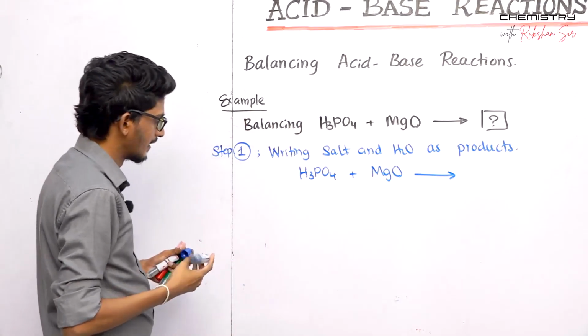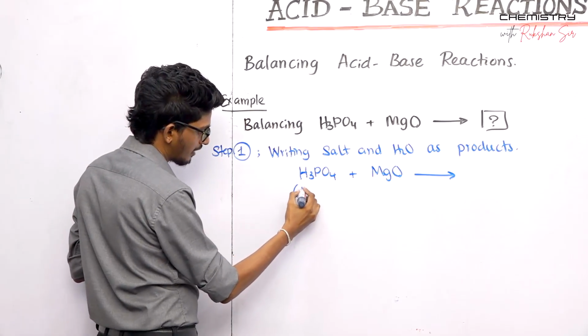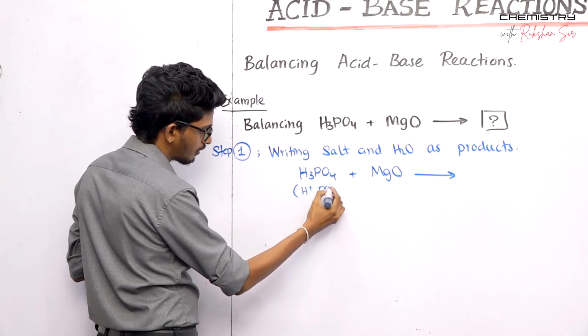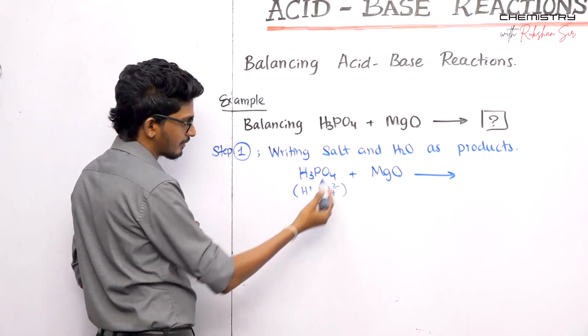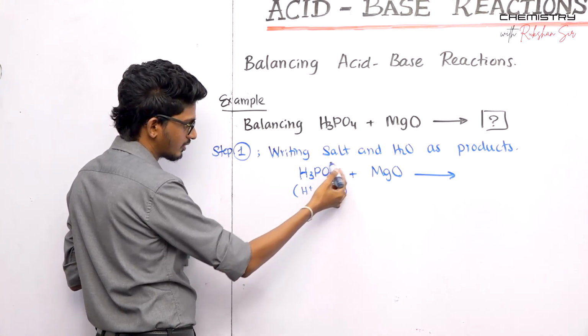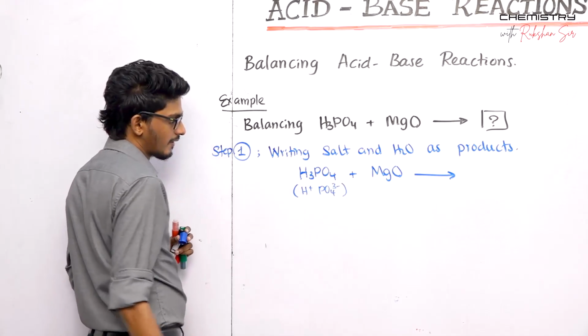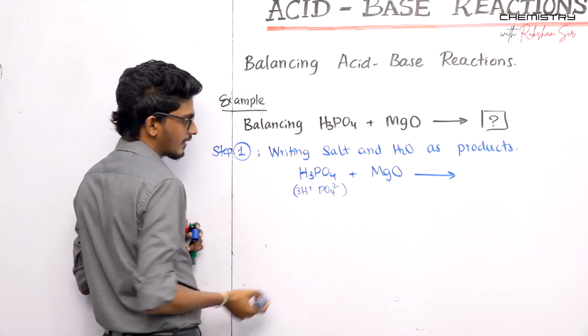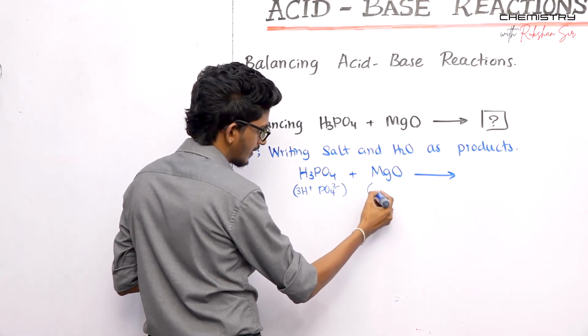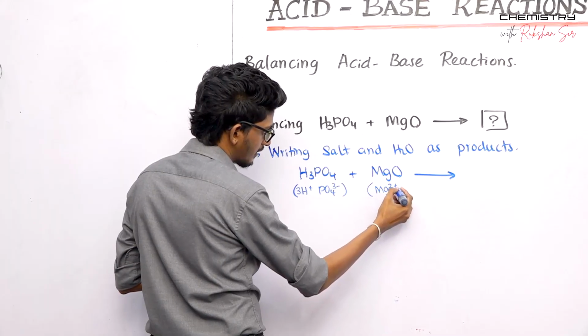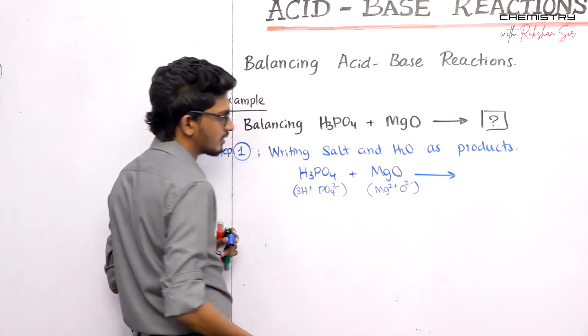H3PO4 means there you have H pluses and the PO4 3 minus ions. 3 of H pluses and PO4 3 minus ion. Here the Mg2 plus and O2 minus, the oxide.